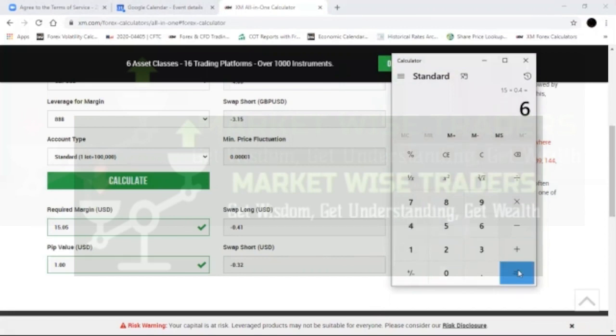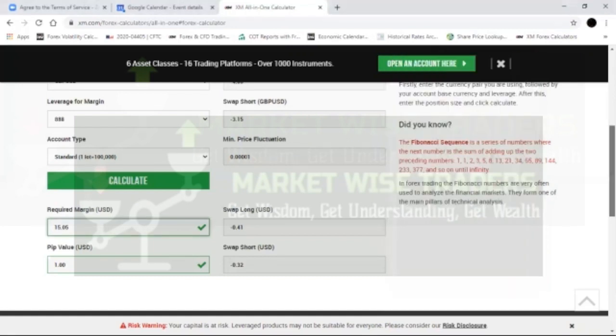That's $6. And the pip value is how much? We divide by the pip value. Pip is 1. So how many pips? 6 pips. And your account is blown.